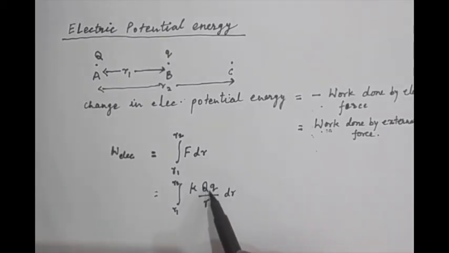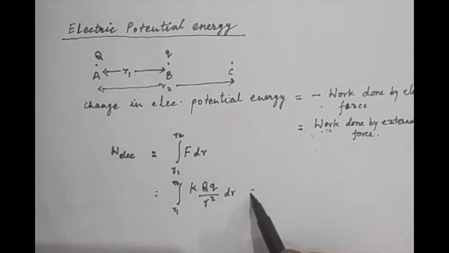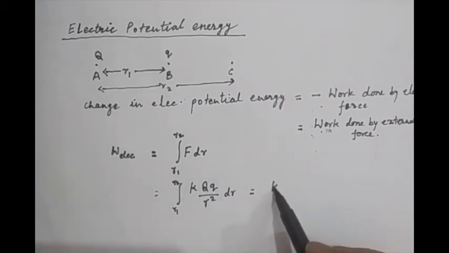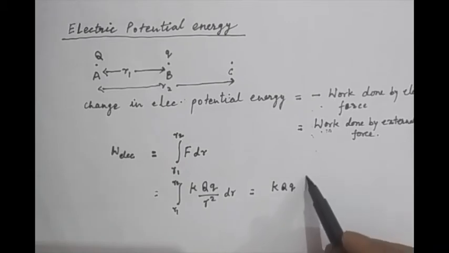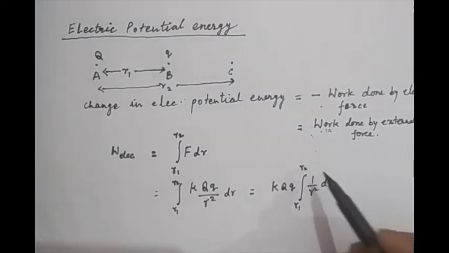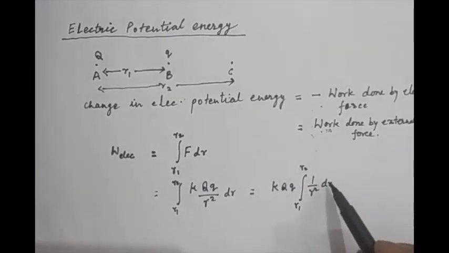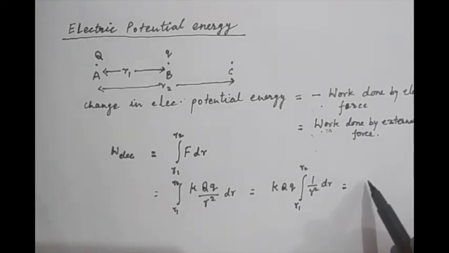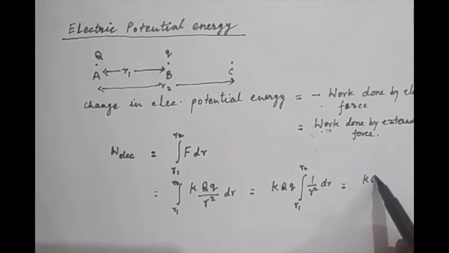K, capital Q and small q are constants, so K Q q integral 1 by r square dr, r1 to r2, and integration of 1 by r square dr is minus 1 by r, so it is equal to K Q q times minus 1 by r, from r1 to r2.